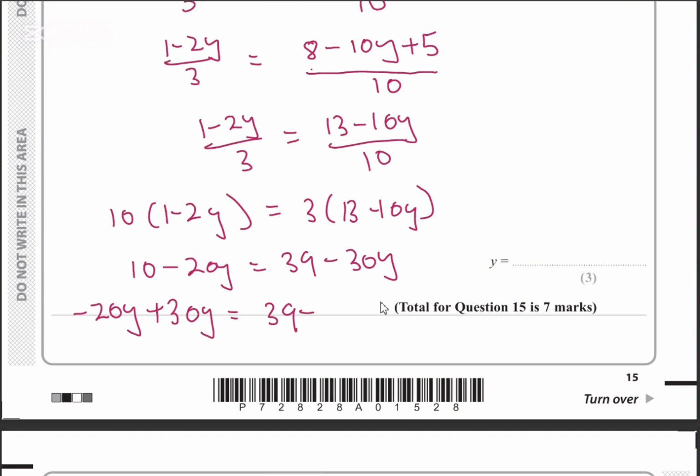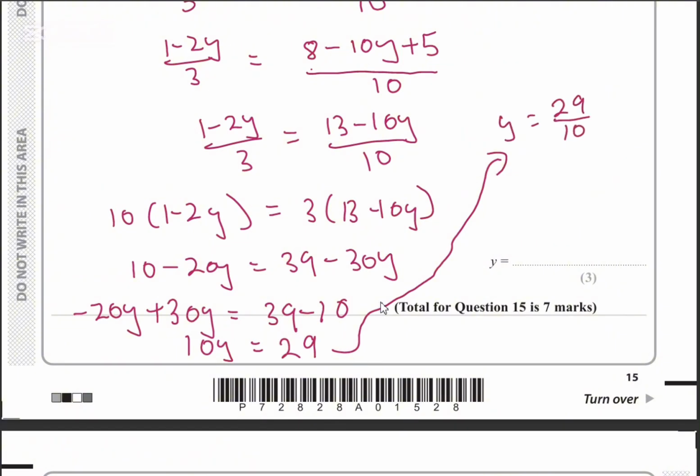Taking 10 to the other side, it becomes minus 10. This would be 10y equals 39 minus 10, which is 29. Therefore y would be 29 divided by 10. This gives me an answer of y equals 2.9.